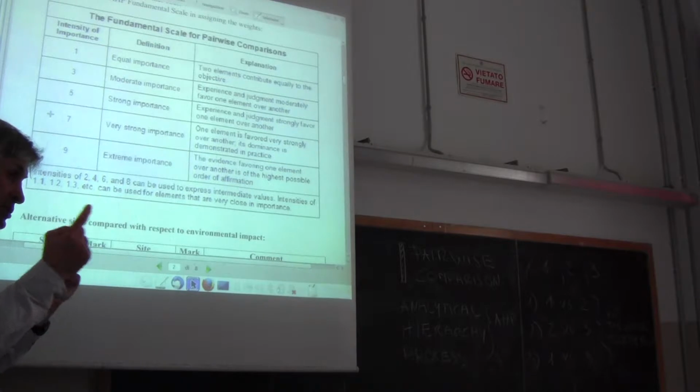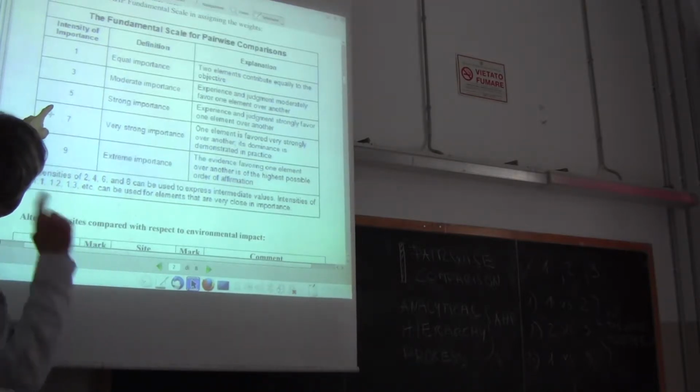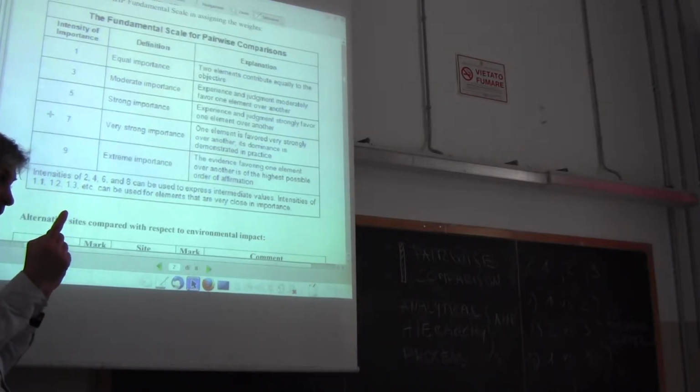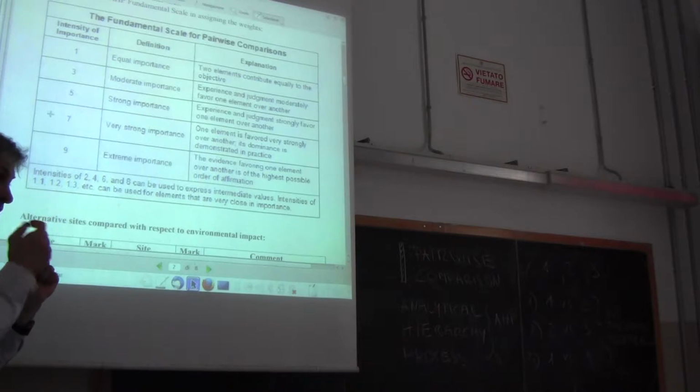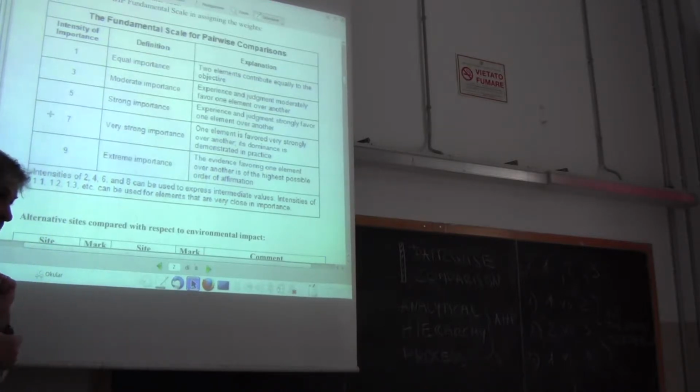And the reciprocal is true, meaning that if 10 has an importance of 1 with respect to 25, it means that also 25 has an importance of 1 with respect to 10.